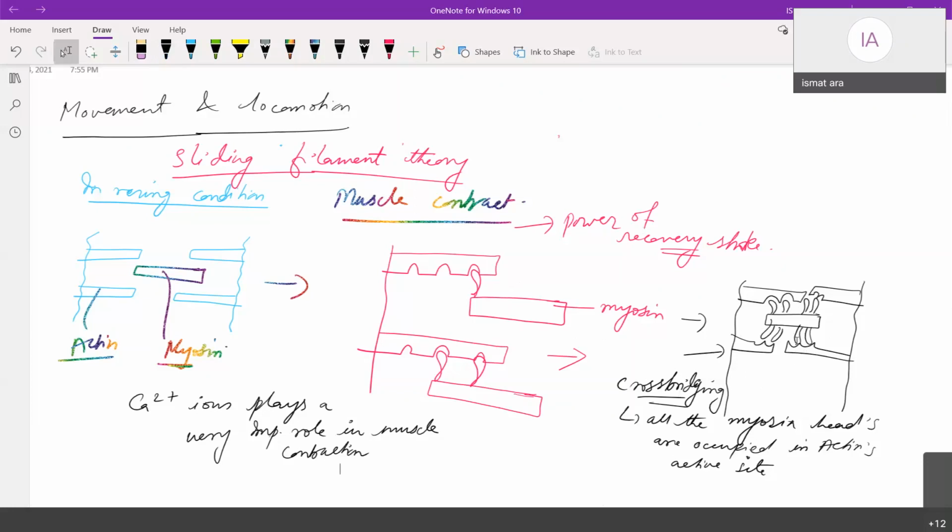What about the H zone? Sonali? The H zone also decreases.